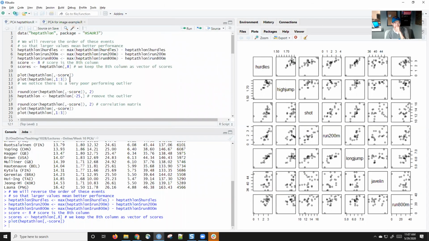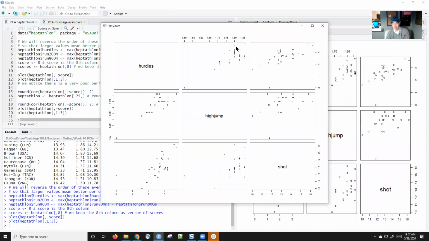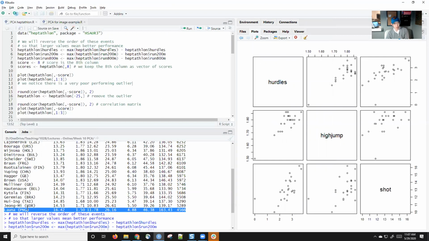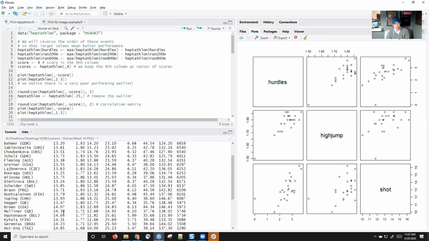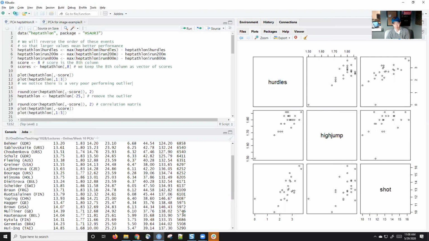And if we take a closer look, that's because 7 by 7 is a lot, what we notice is that there's this one person who had very low high jump, very low hurdle scores and stuff. And so there's a poor performing outlier, and that's whoever this person was, Launa from Papua New Guinea. And we can see this person's score is just much lower than everybody else's.